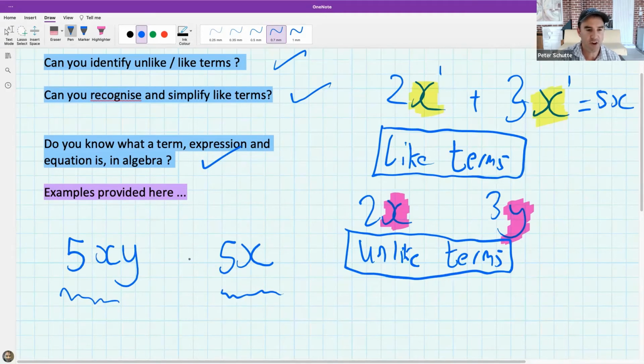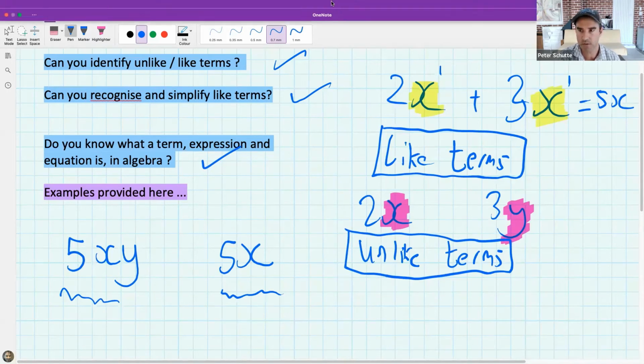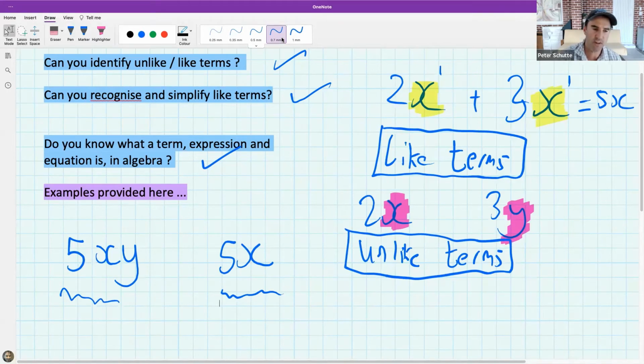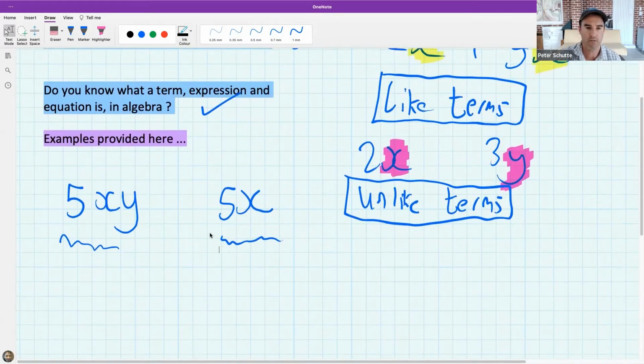If you think these are like terms, give a thumbs up in the chat. If you think they're unlike terms, give a thumbs down. I just want to see what we think. Thumbs up if you think these 2 are like terms, thumbs down if you think they are unlike terms. This is a bit of a tricky one.